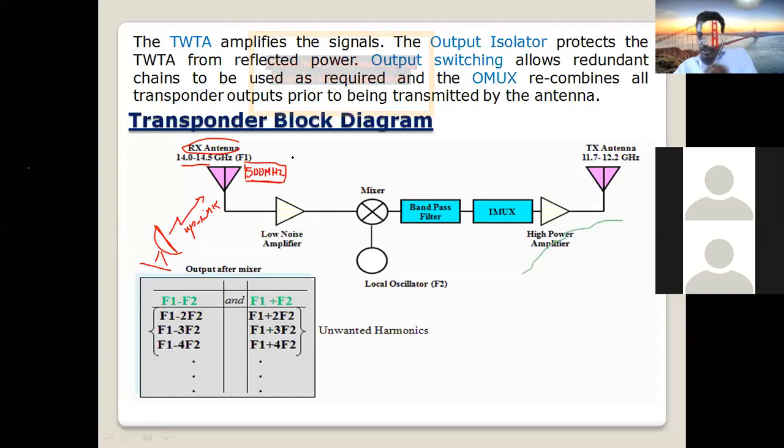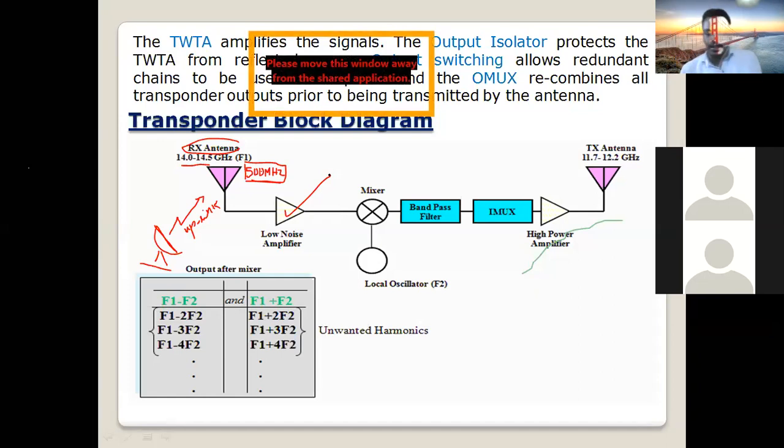What are these components? The first one is the low noise amplifier. So as you can see here, I think you can see this device. Can you see it? It's a low noise amplifier.